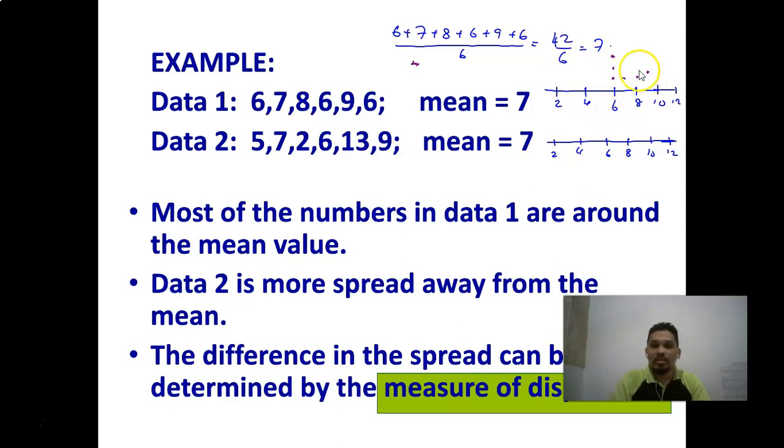So you can see here the data stated in the range of 6 until 9.